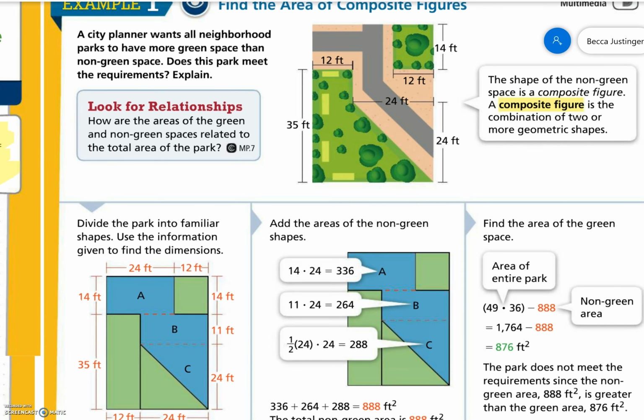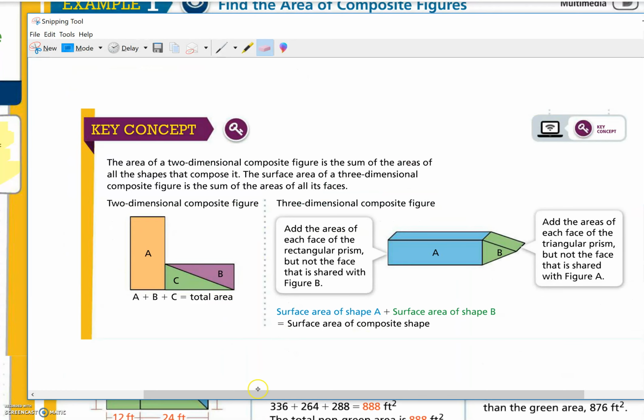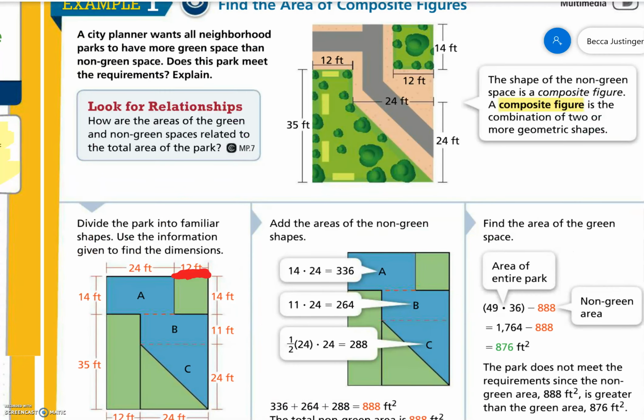So we can see that they cut it up. But they also tell us, okay, if this is 12 and the whole thing is 24, then they add the areas of the non-green shapes.